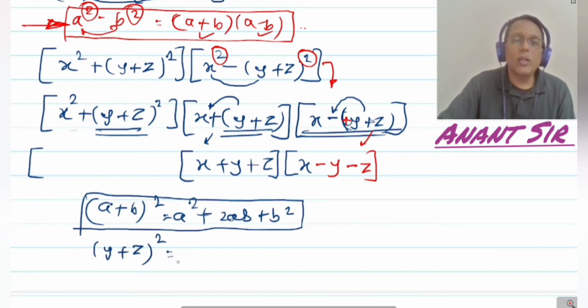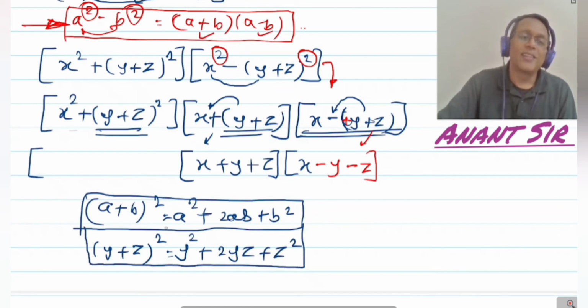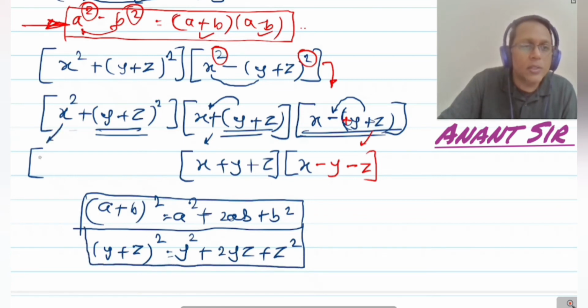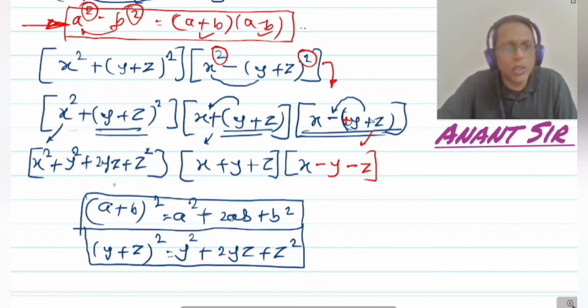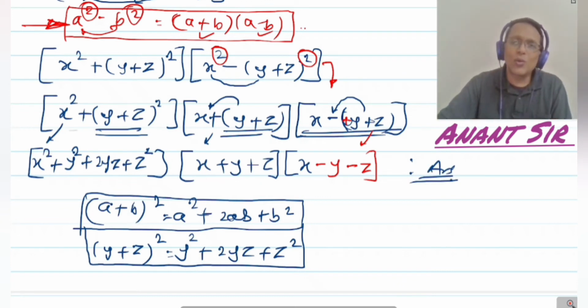So how you can solve this? y plus z square can be written as y square plus 2yz plus z square. That's it. Keep x square as it is. So x square is as it is. This becomes y square plus 2yz plus z square. So this is what we can do at the most. So this is our final answer, friends. I hope you have understood the question.